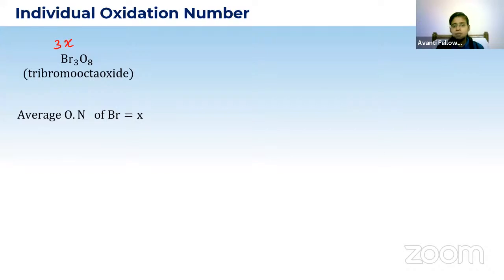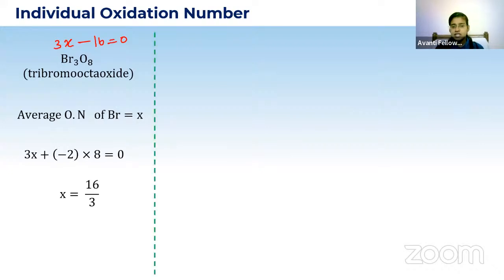So 3x minus 8 into -2. 8 into -2 is -16. It will be equal to 0. So 3x is equal to 16. X is equal to 16 by 3. So this is the average oxidation number.